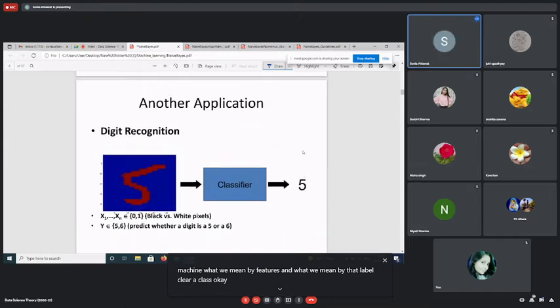Just understand, and then I'm switching to the numerical. Another application to define, by looking at this image: can you simply classify what exactly the digit is representing? It is 5.